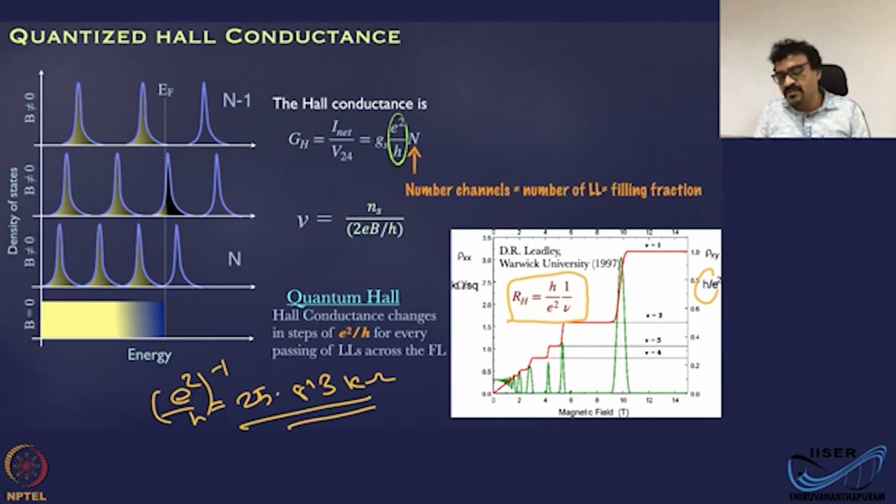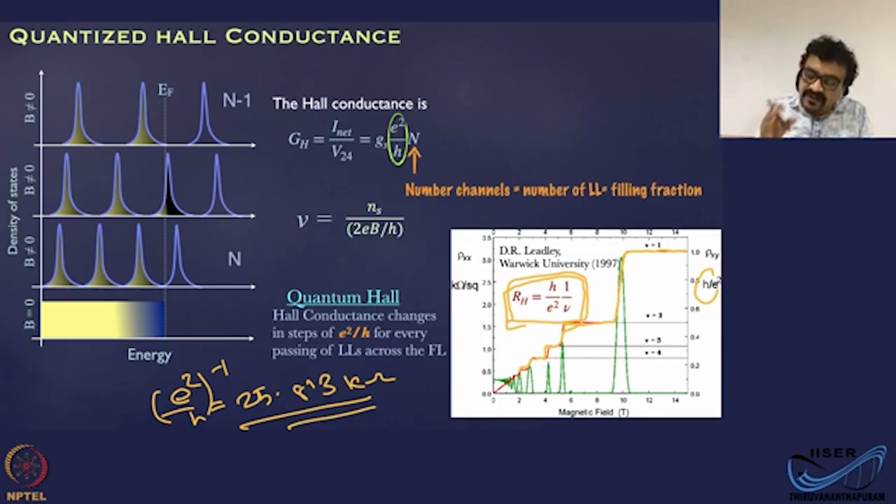The resistance is going to show oscillations as prescribed by this, h by e square into 1 by nu, where nu is an integer. The conductance will decrease by the quantum conductance. That is what gives you this step-like feature, the quantized Hall plateaus, from this jump or vanishing of Landau levels across the Fermi level.